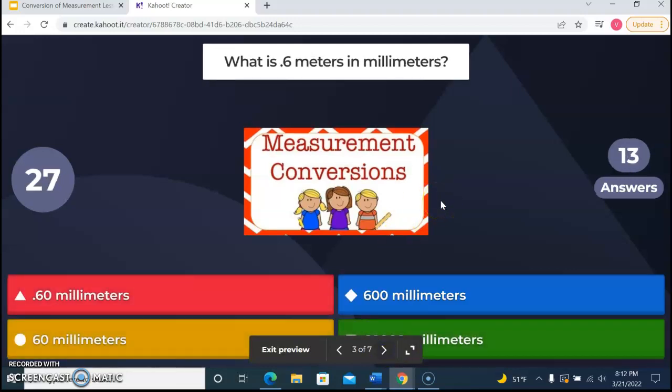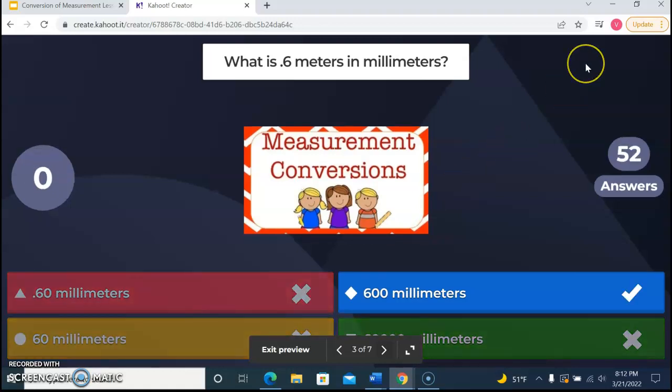Question number 3. What is 0.6 meters in millimeters? So yeah, it would be 600 millimeters. For this problem, you would multiply by 1,000. So it would be 0.6 times 1,000.